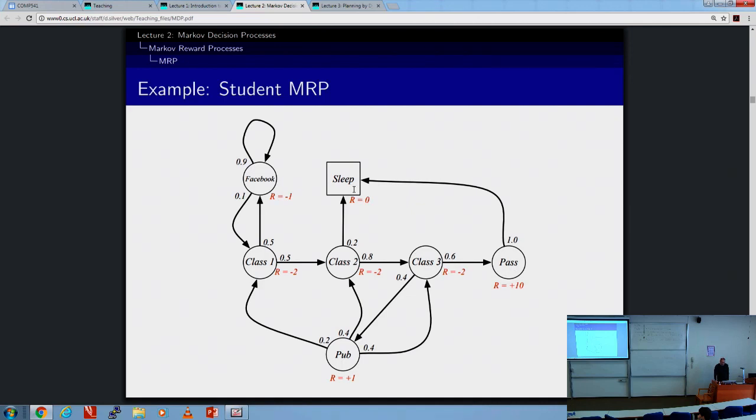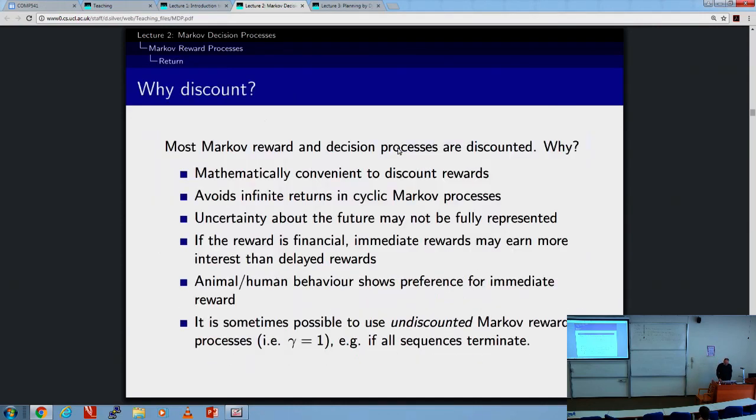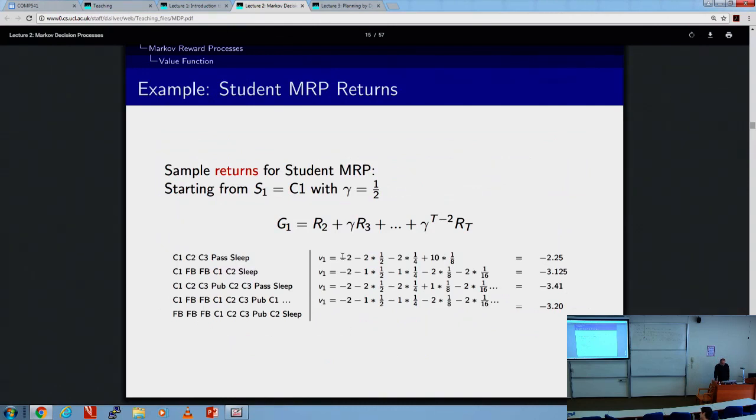So if we had no discount factor, or discount factor of 1, then my total future reward would be -6 + 10 = +4, right? But with discount factor, it's going to be less. The first -2 is here, the second -2 gets discounted by 1/2, the third -2 gets discounted by 1/4, and the 10 gets discounted by 1/8, so I actually get a negative value for this first episode.